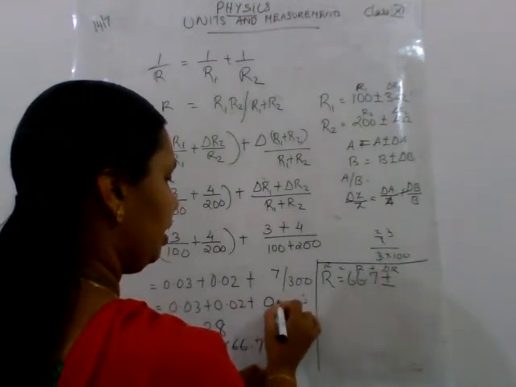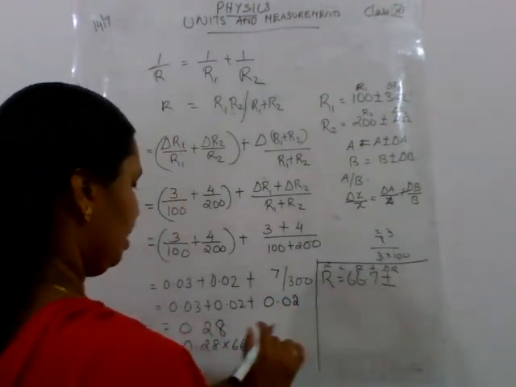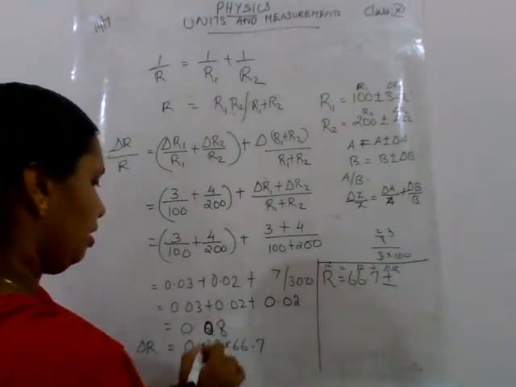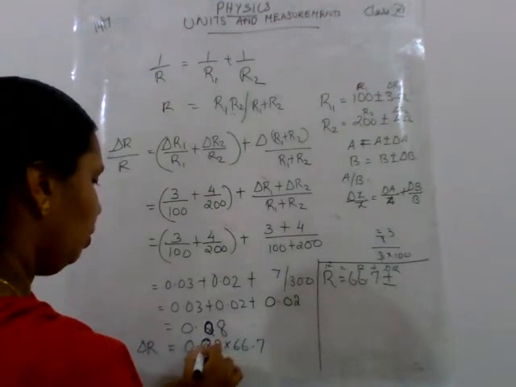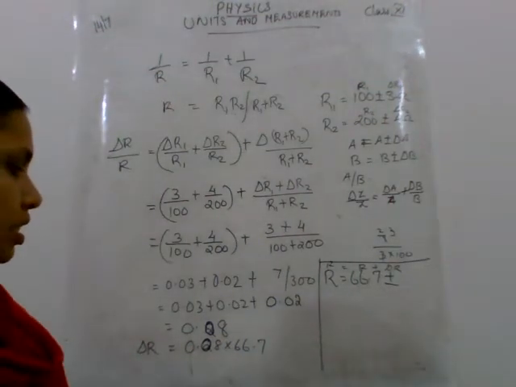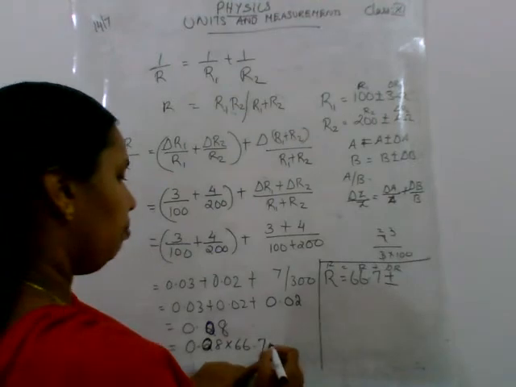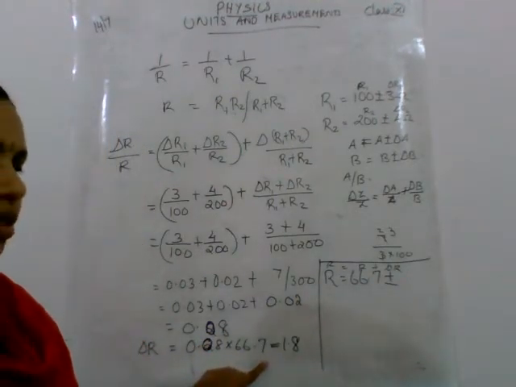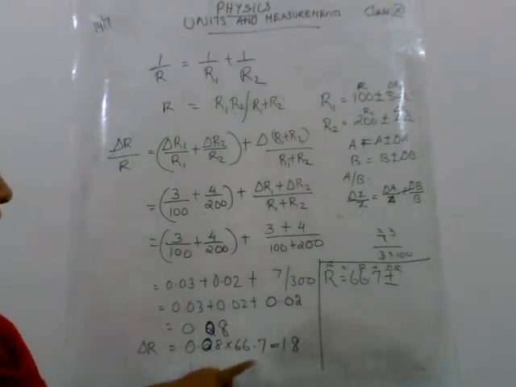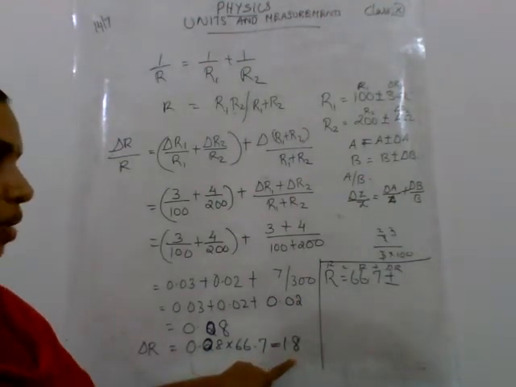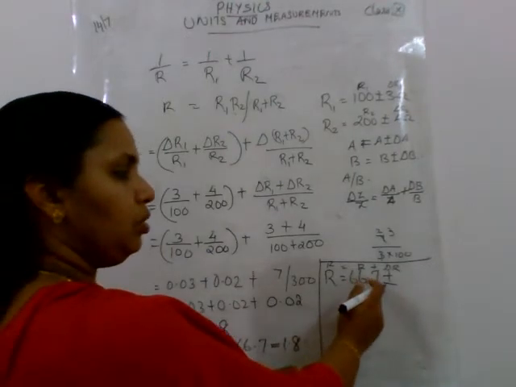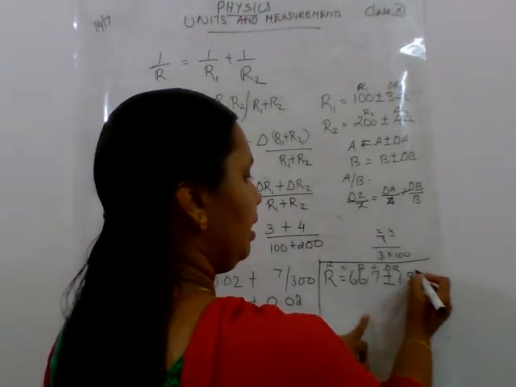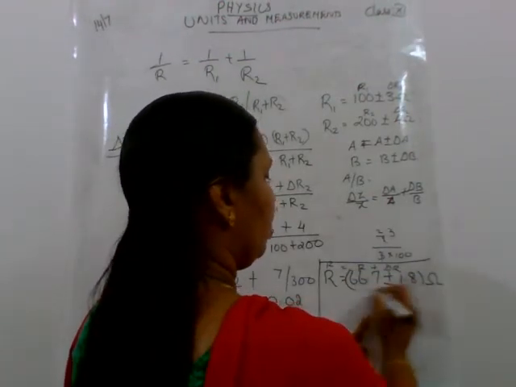Okay, correct it, 0.02, so the sum is 0.28. So 0.28 into 66.7 will be equal to 18.7. So how can we write the result? R is equal to 66.7 plus or minus 1.8 ohm. Understood?